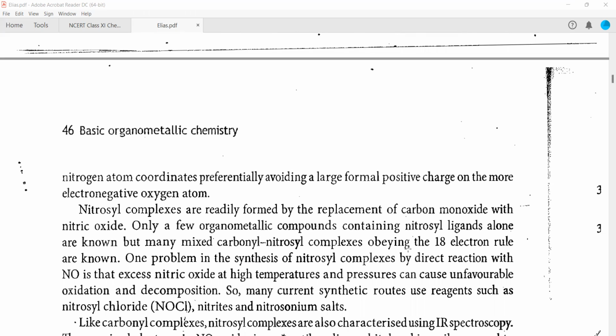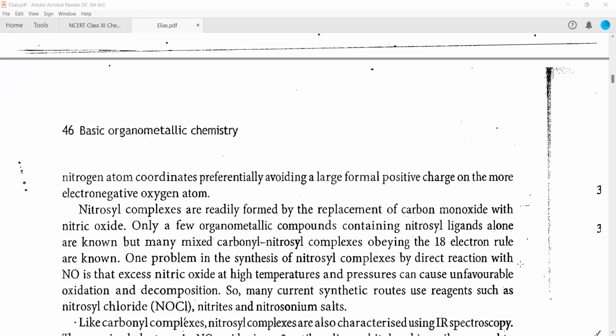Now, one problem in the synthesis of the nitrosyl complexes by direct reaction with NO is that excess nitric oxide at high temperature and pressure can cause unfavorable oxidation and decomposition. So, at high temperature and pressure, when you give excess nitric oxide to the metal carbonyl, there's a problem, because decomposition can also happen since it is very reactive.